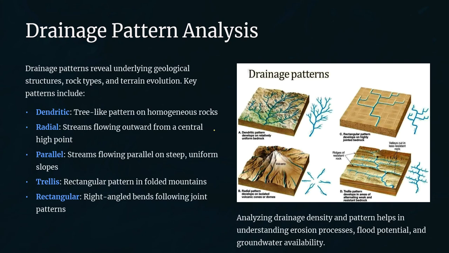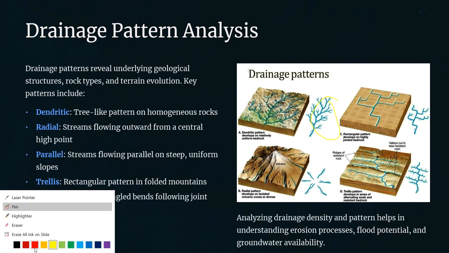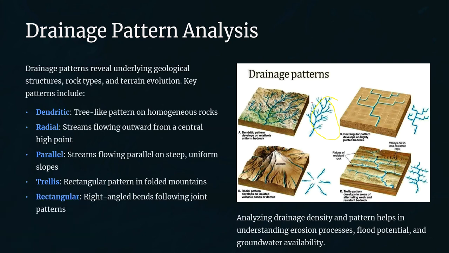Then the drainage pattern analysis you can find here. So there are different patterns of drainage, right? So this is the different pattern of drainage. This is called the dendritic pattern. This is another pattern of river. This is another pattern of river.